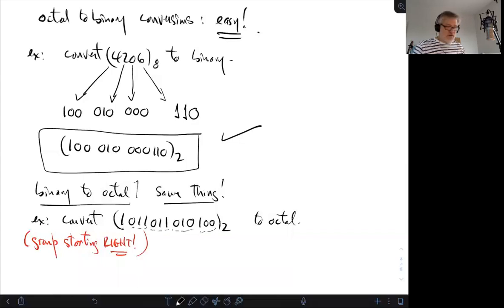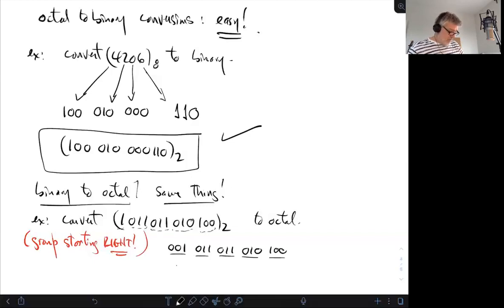Okay, so I'm looking at groups of 3 bits. Now, you see here that I don't have 3 bits at the beginning. That's fine. You can just pad if you prefer. So this is 001, 011, 011, 010, 100. These are my groups of 3 bits, and I just rewrite them as an octal digit.